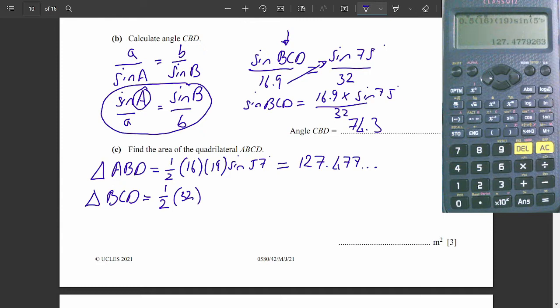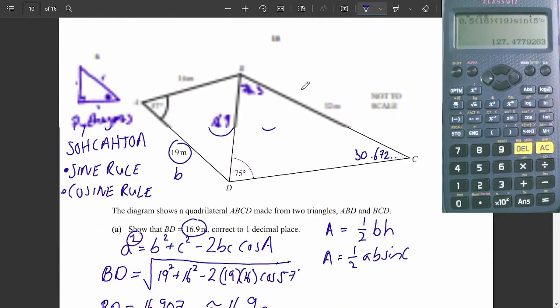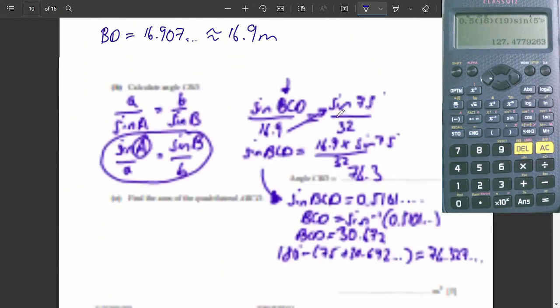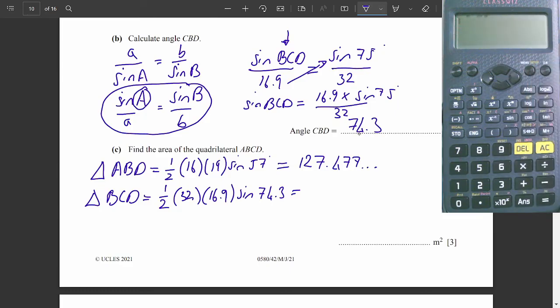All right, so in my case, I've got 32, 16.9 was the other side, and the angle we just worked out. What was that again? 74.3. Let's put that in. And we get an answer.